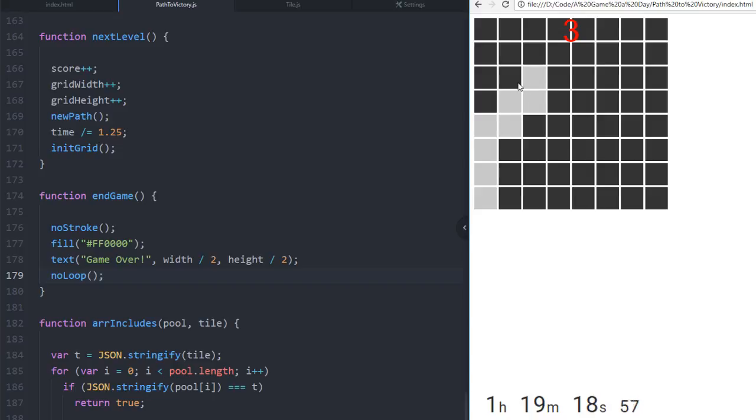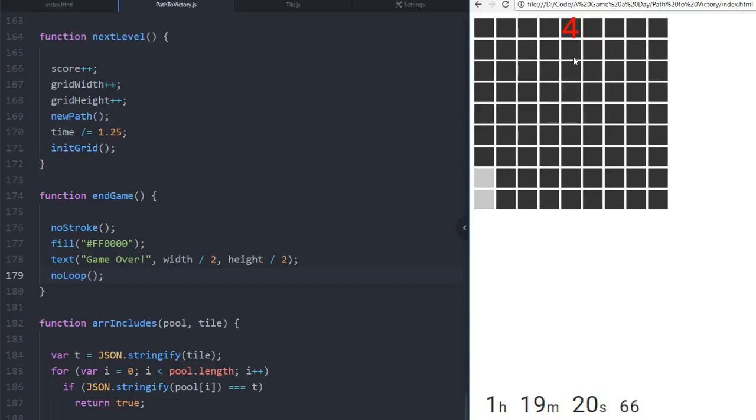Yes, level 4. Ah, dang it. It was a snaky pattern.